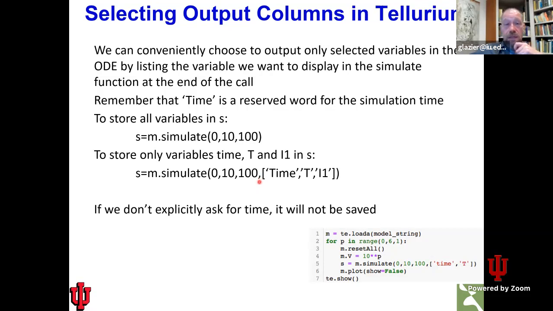So it's a square bracket, time, which is a reserved word, comma, the variables. In this case, I'm getting everything: time, t, and I1 is all I've got. But if I wanted something simpler, I could plot time and just t. If I didn't put time in, I would have no time column, and then when I plotted it, I would get time t versus I1, which you could try.